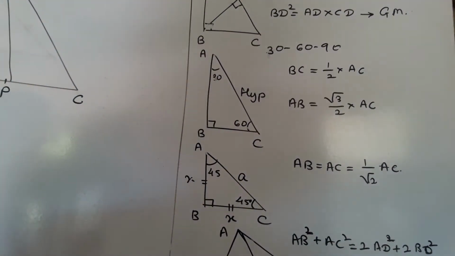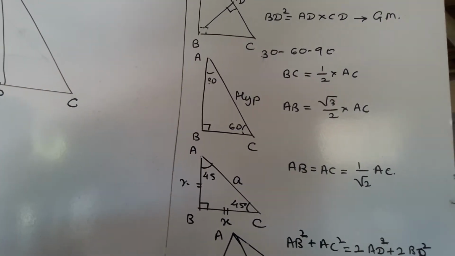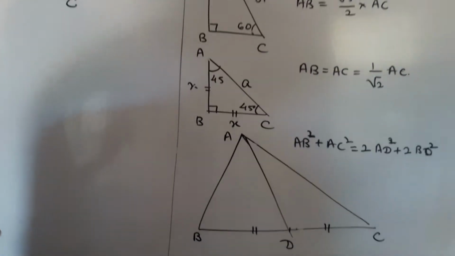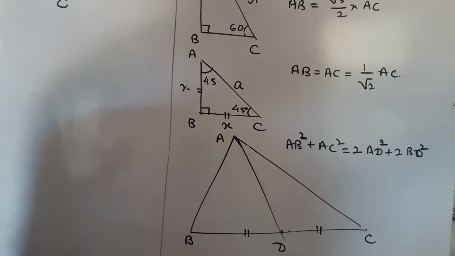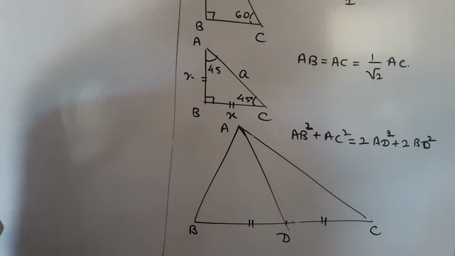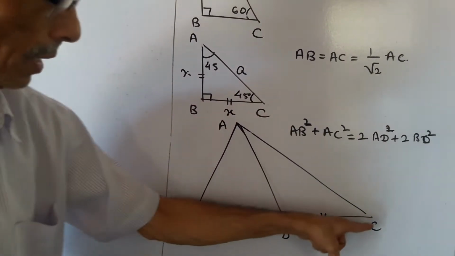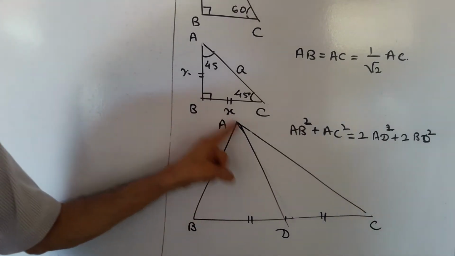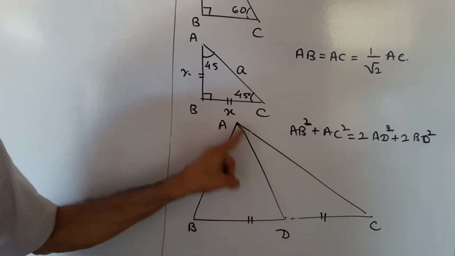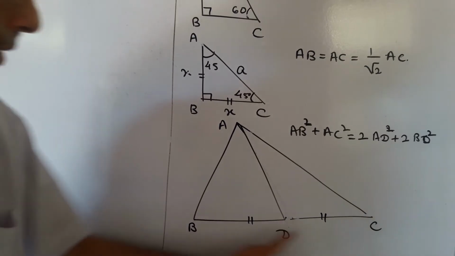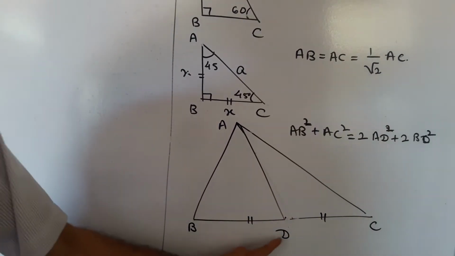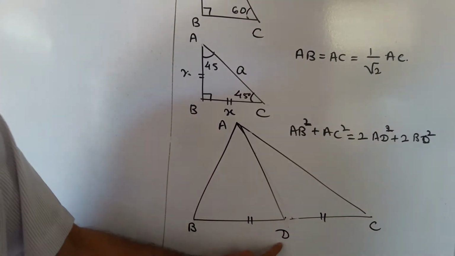Then we have seen Apollonius theorem. Apollonius theorem is regarding median. No need of right angle triangle, but median. Let ABC be a triangle and AD a median. Since AD is median, it divides BC into two parts, BD and CD.